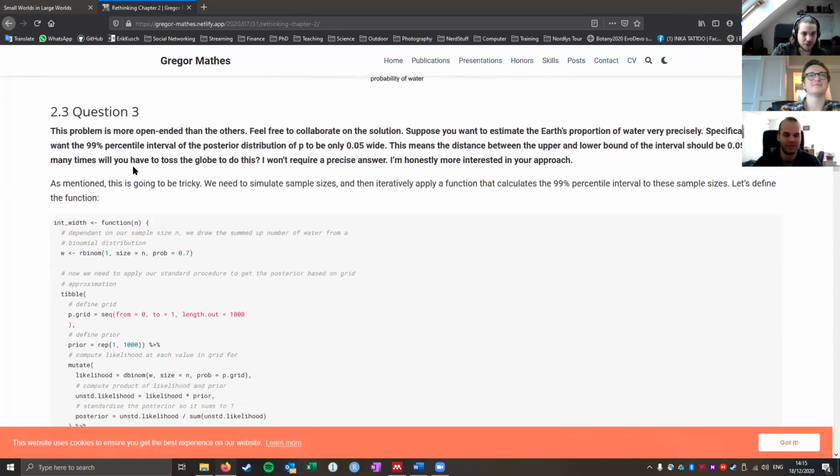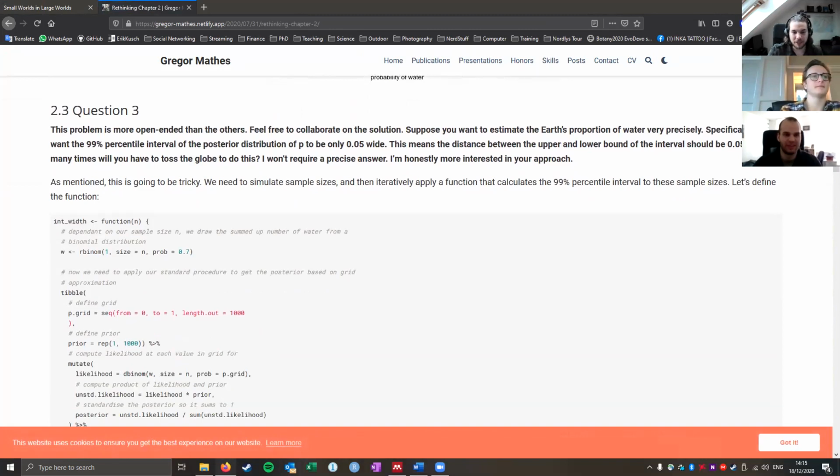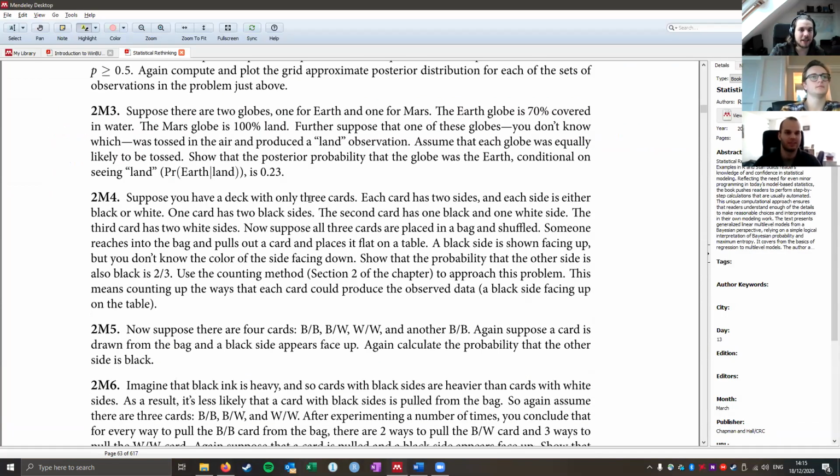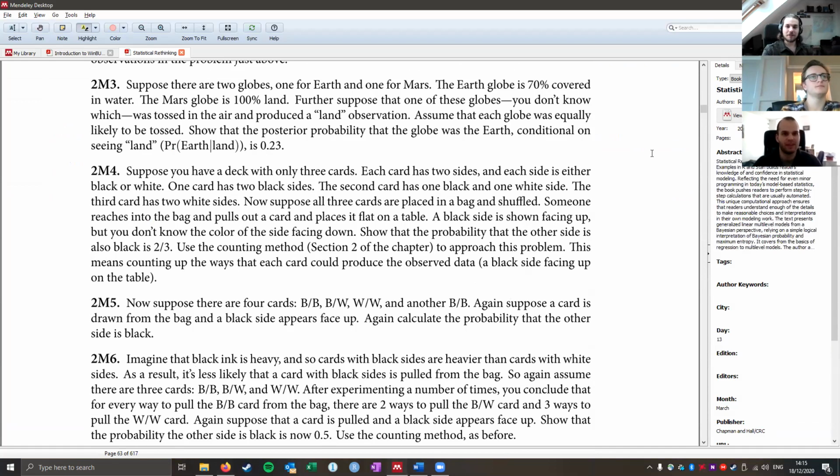And we go into question... Sweet. It's question 3, right? Yeah. Quickly going to flash the question text here and hand it over to you, Gregor. Yeah, so the question is, suppose that there are 2 globes, one for Earth and one for Mars, and the Earth globe is covered by 70% of water, and the Mars globe is 100% land, so no water at all.